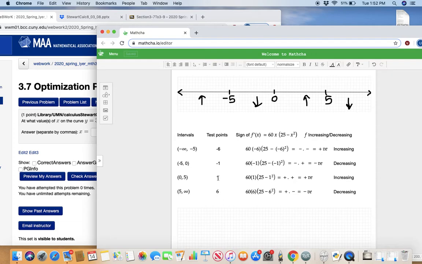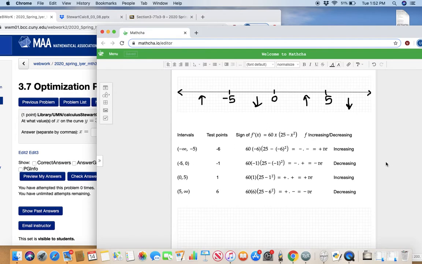Likewise, plug in x equals 1, you get a positive and a positive. Lastly, x equals 6, a positive and a negative. 6 squared is 36. So 25 minus 36, that's a negative, overall negative. So what do we have on these intervals?